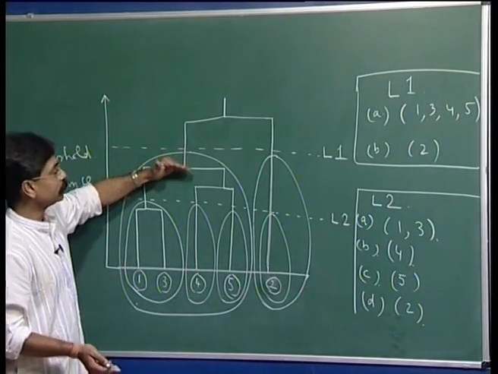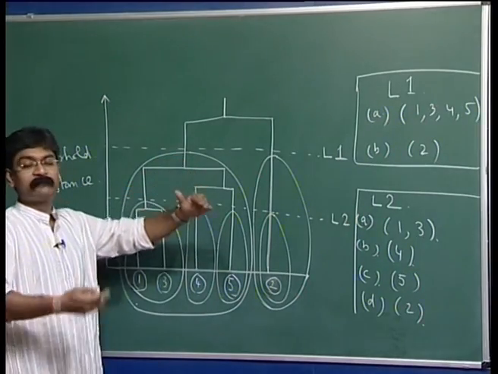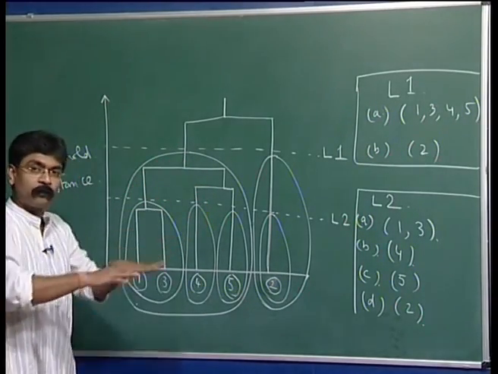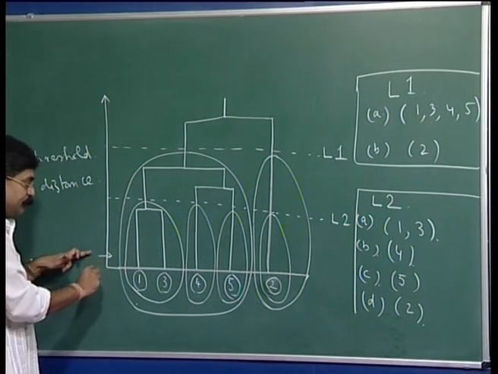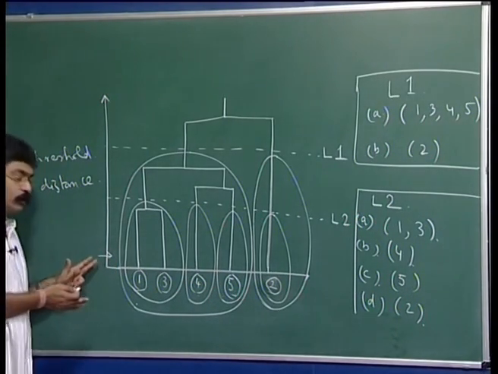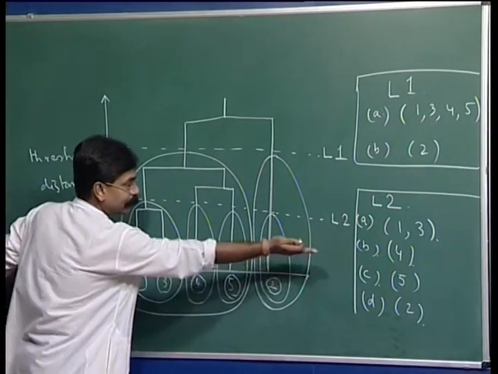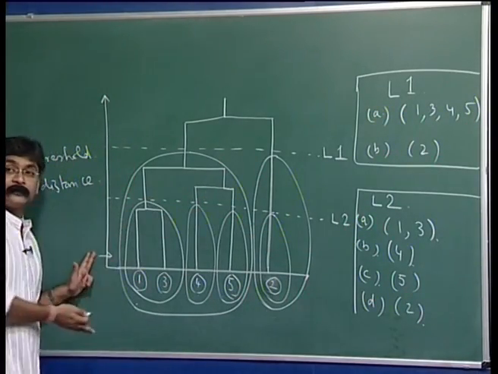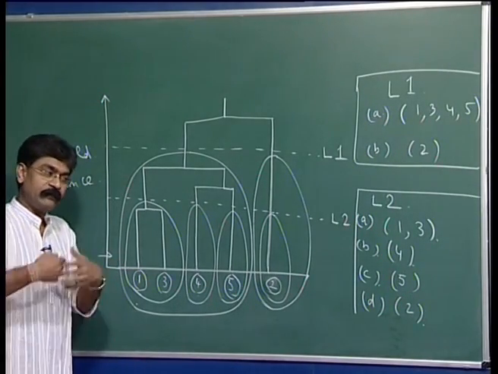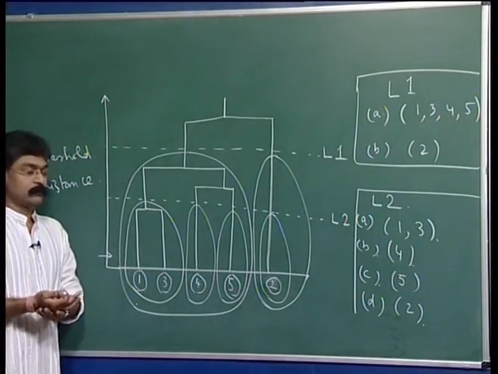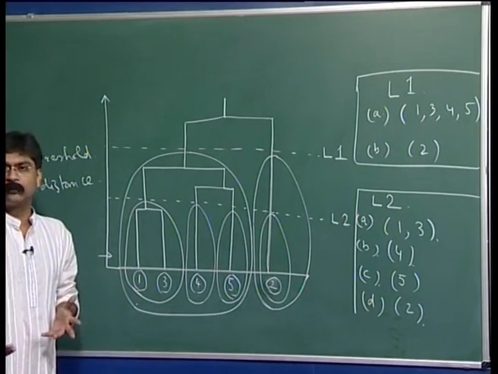As you go down, as you make the resolution level finer and finer, you will have more and more clusters. If you come down to this particular level here of resolution, so that threshold distance is very low, you will accordingly have a similar line to what we were having for L1 and L2, and then you will see that all the cases are separate clusters. So, if you have the resolution level so fine, then all the cases would look different.